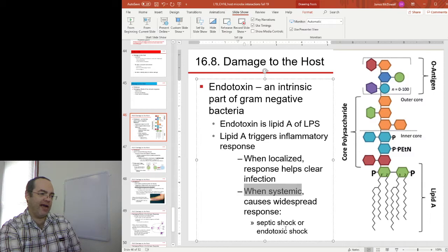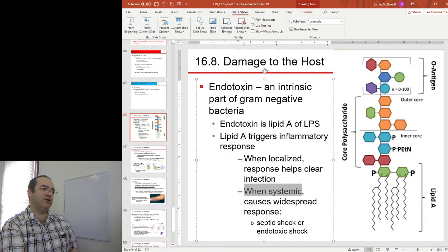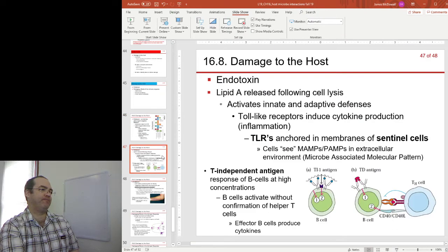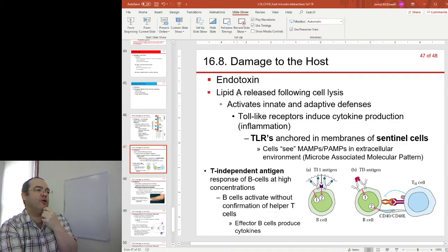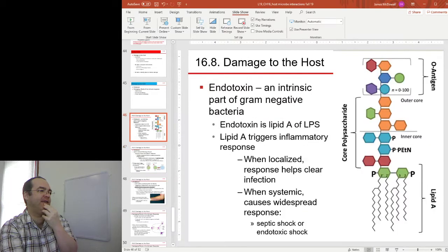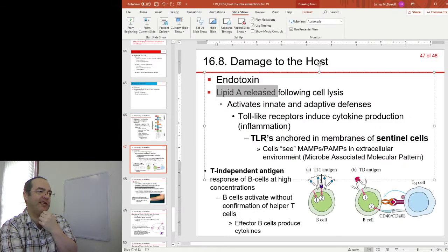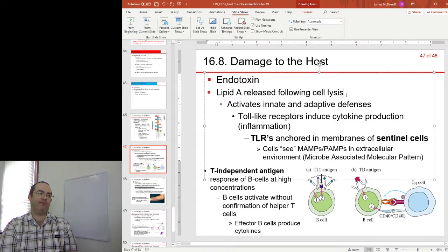Septic shock or endotoxic shock is when we have widespread systemic inflammation because of the reaction to gram-negative LPS and endotoxin. So lipid A inside our gram-negative membrane is typically a problem when it's released following the death and lysis of the bacterial cell.